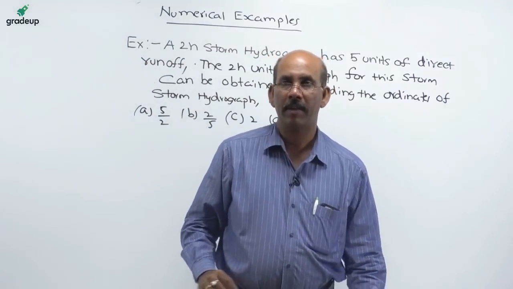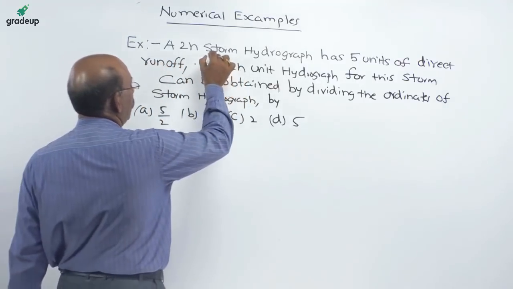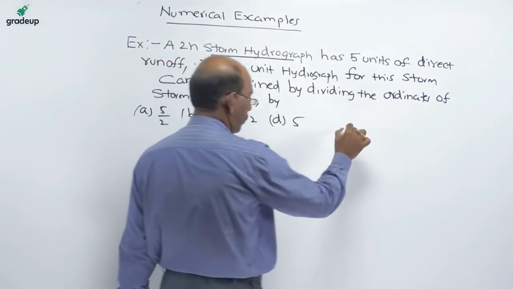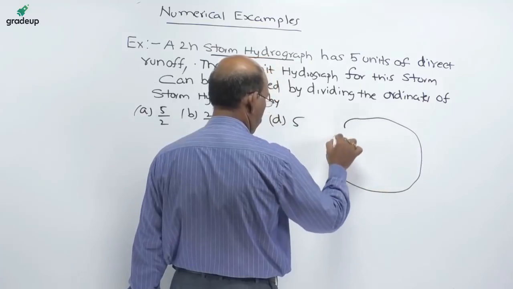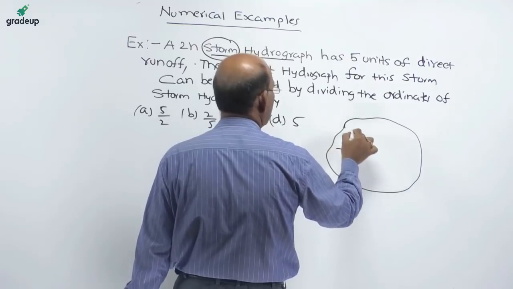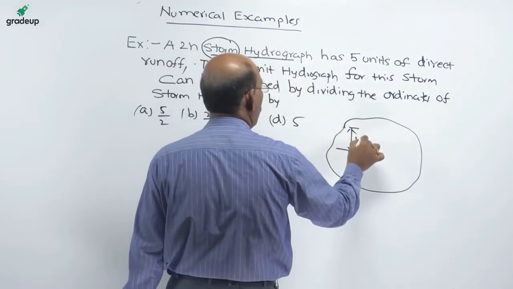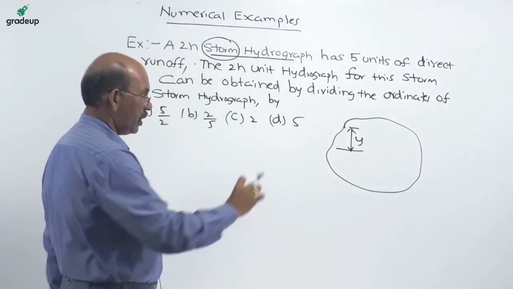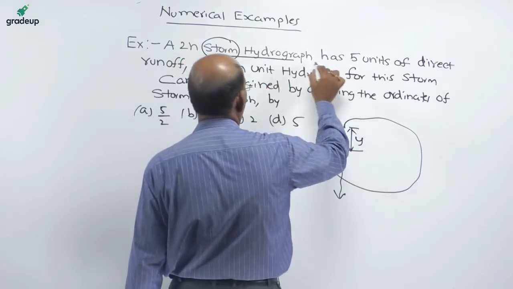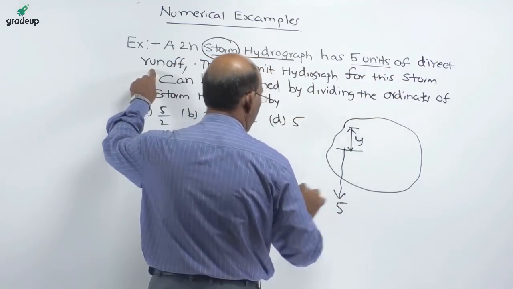So, it is a simple concept: a storm hydrograph of 5 units of direct runoff. This is the storm or flood, and this is the depth with which the flow moves, let us say y, and the discharge for 5 units of direct runoff is 5.